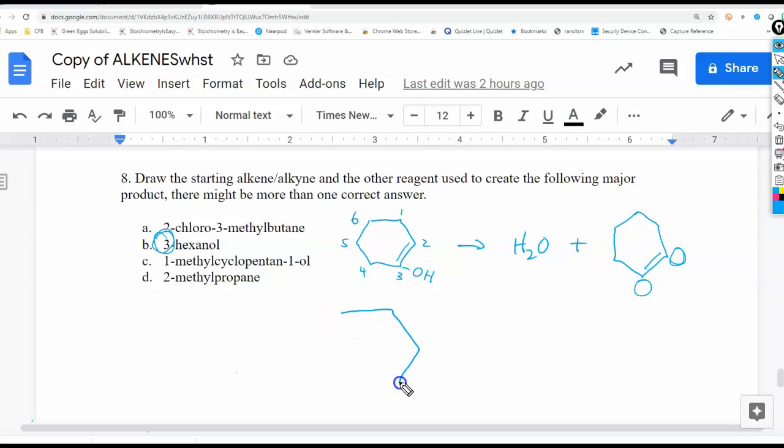I'm thinking that this was already a double bonded alcohol. So the double bond would have been right here, and we would have had the alcohol coming off of here, more like this. And what we probably would have added was an H2, which would have given us that hexanol of our choice. So this is what I think you should have come up with for that one.